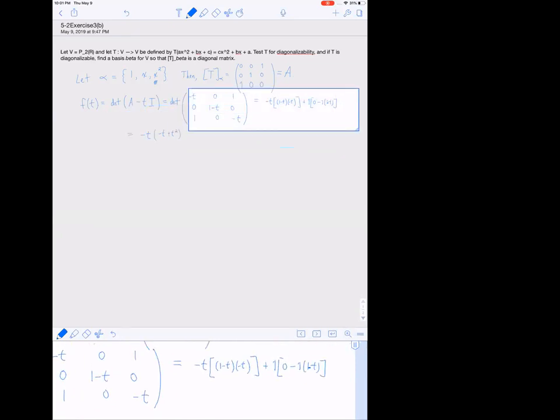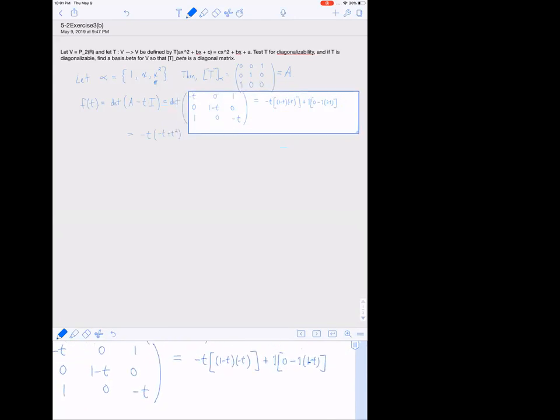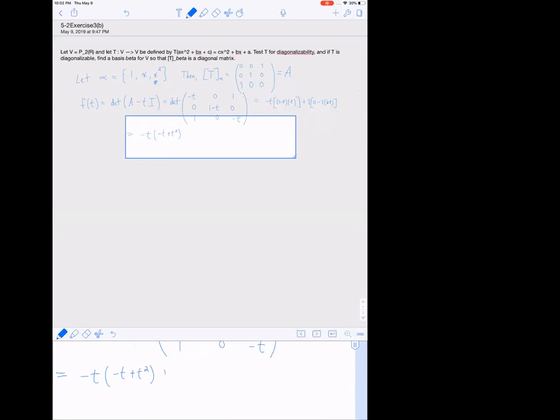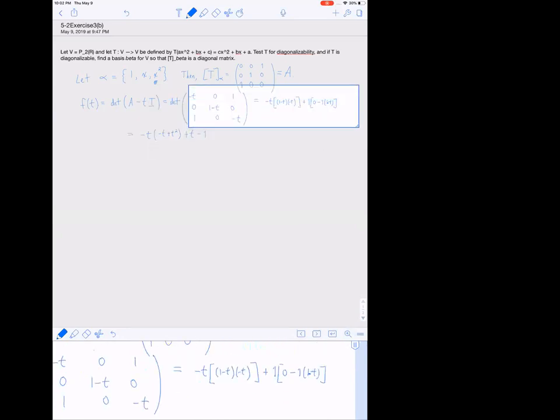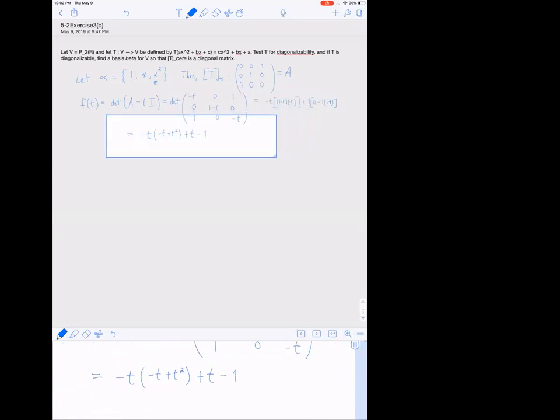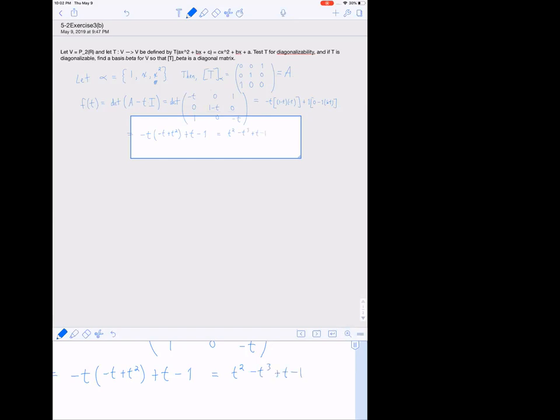And then 1 times 0 is 0. 1 times minus 1 is minus 1. So I guess we would get a plus t and a minus 1 if we use that minus sign nicely. And then we'd still have to distribute this first minus t in front. So then we get a t squared minus t cubed plus t minus 1.